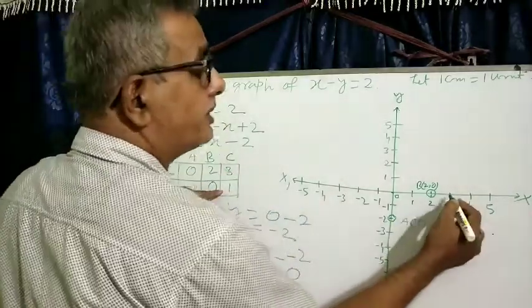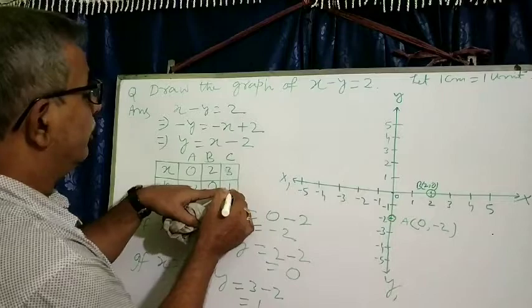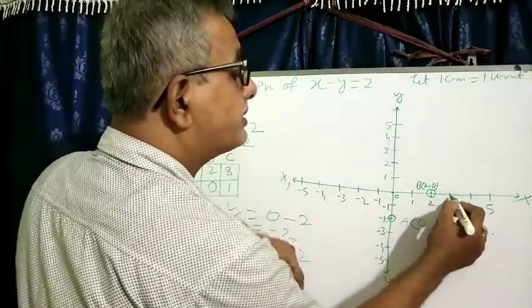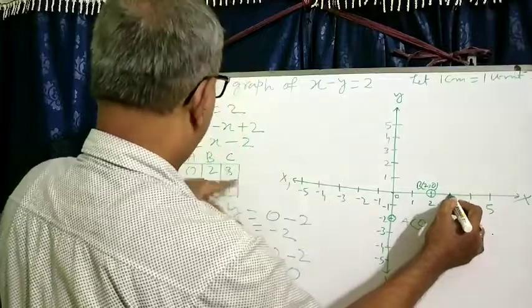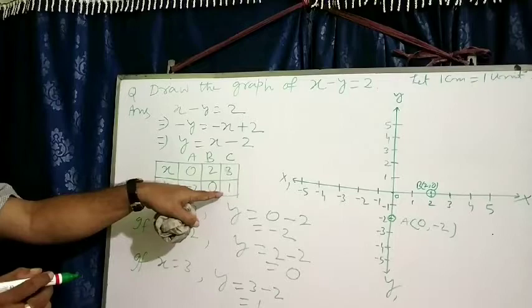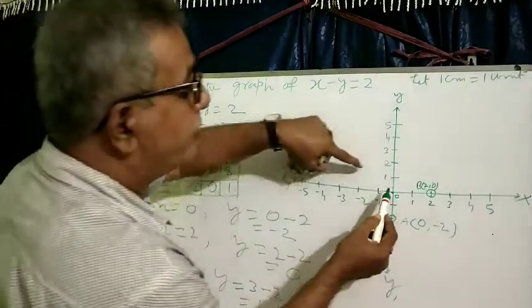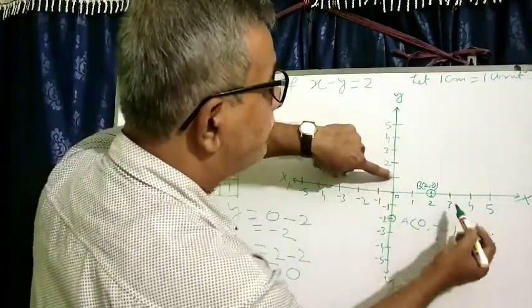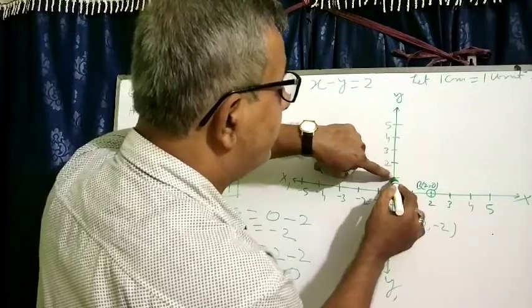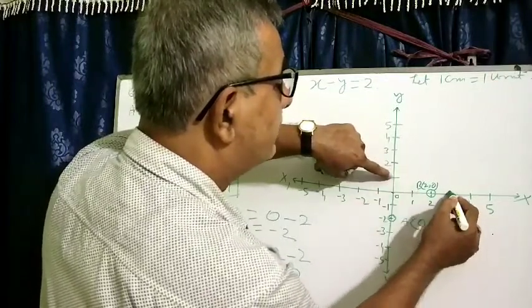Where is 3? X is equal to 3 and y is equal to 1. So on the x axis 3, because the x coordinate is 3, and the y coordinate is what? Here the y coordinate is 1. So you see, the y coordinate is here and the x coordinate is here. You draw like that.